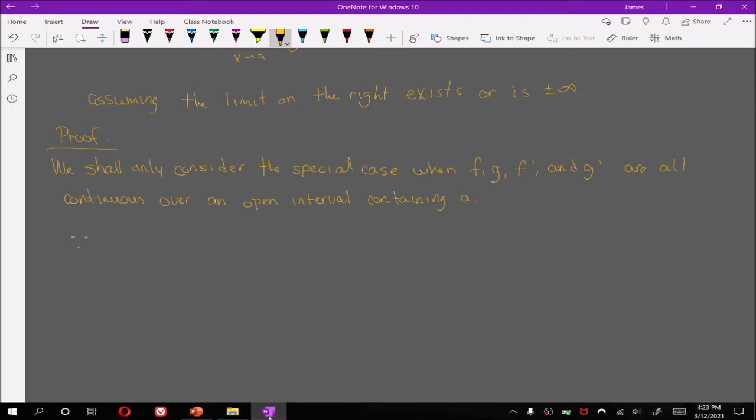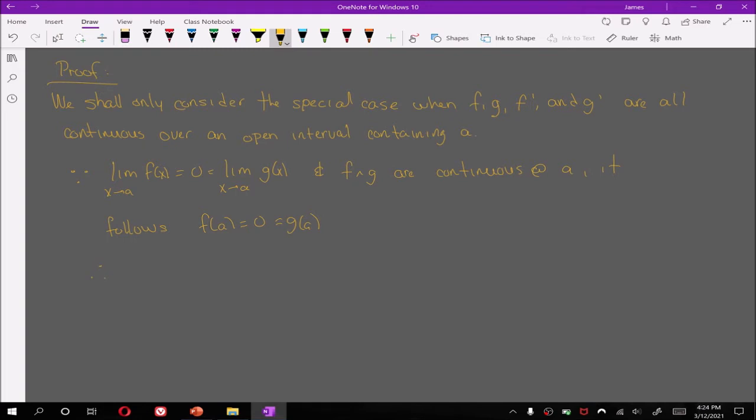So since the limit as x approaches a of f of x is equal to 0, which is also the limit as x approaches a of g of x, and f and g are continuous at a, it follows that f of a would have to equal 0, and so does g of a.